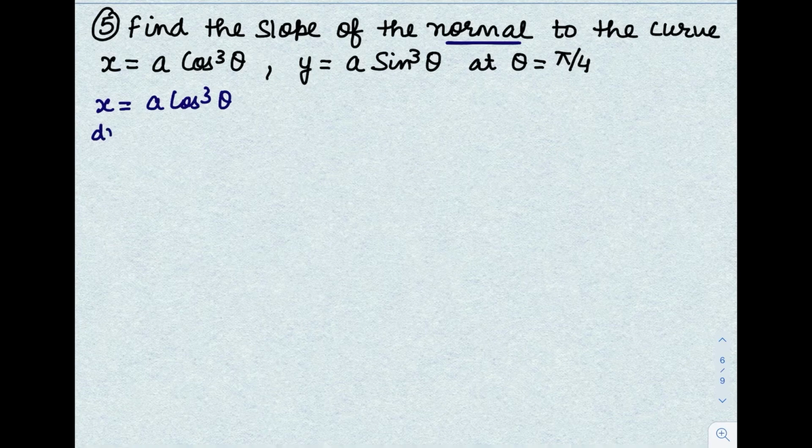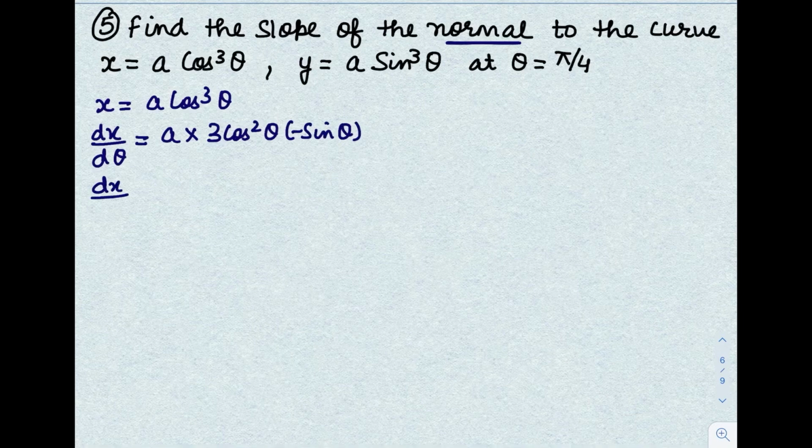So dx by d theta is equal to a into 3 cos square theta, and the differentiation of cos is minus of sin theta. So simplifying it a little, it becomes minus 3a cos square theta into sin theta.